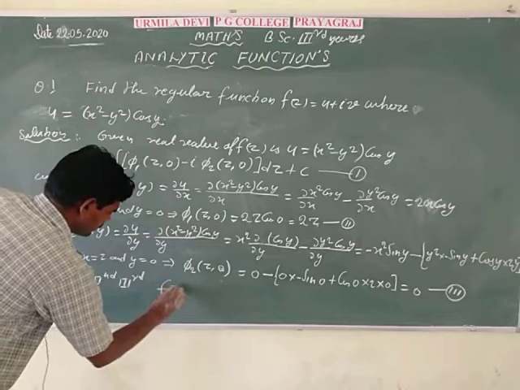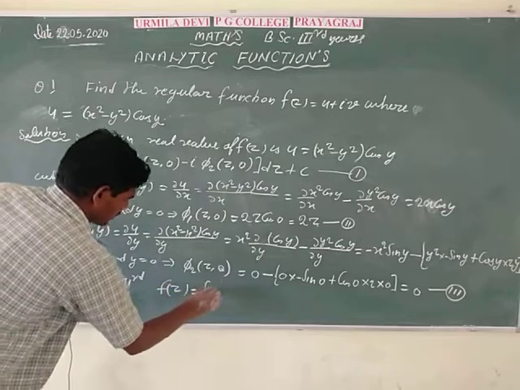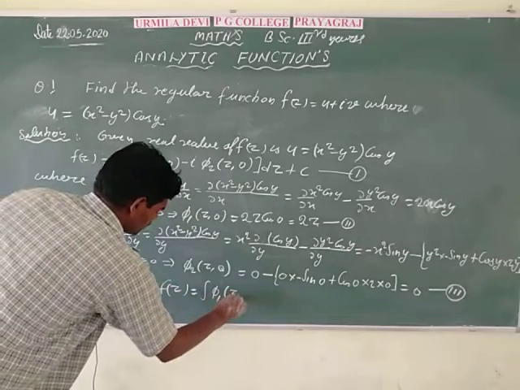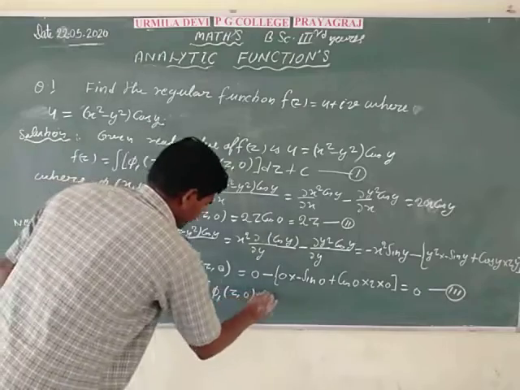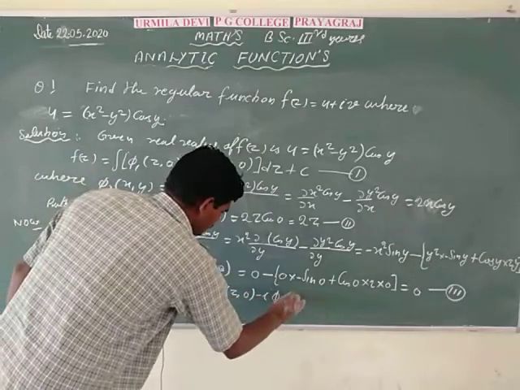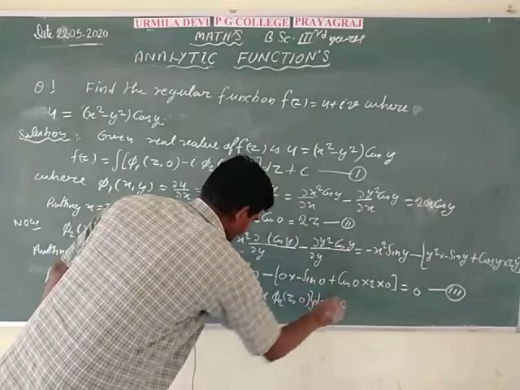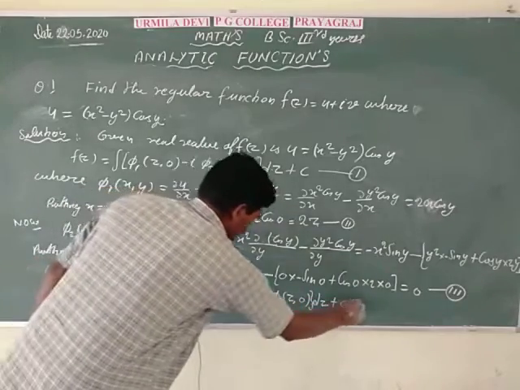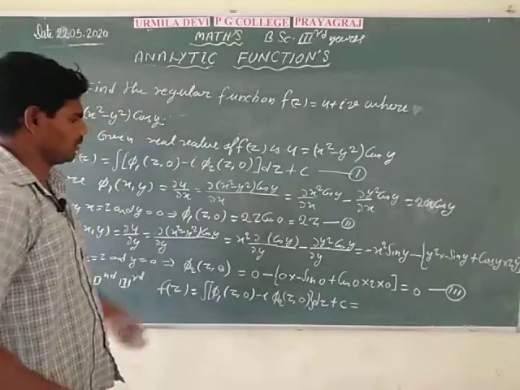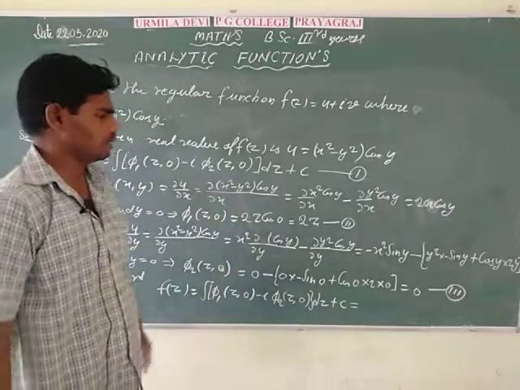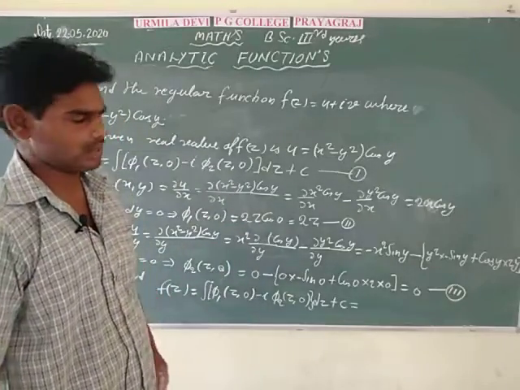The required f(z) is equal to the integral of φ1(z, 0) minus i times φ2(z, 0) dz plus constant c. Putting the value of φ1 from equation second and φ2 from equation third, which is 0.